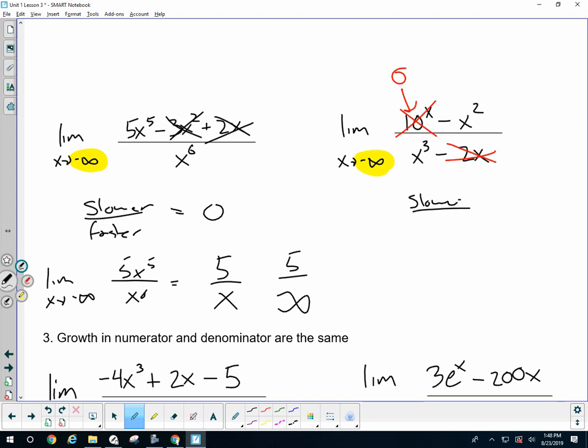If you wanted to do it algebraically, you'd have negative x squared over x cubed. Find the limit as x approaches infinity, or negative infinity: negative 1 over x, negative 1 over infinity, still approaching 0. Fortunately, we don't have to worry about if it's 0 from the positive side or from the negative side, but we will when we do a horizontal.